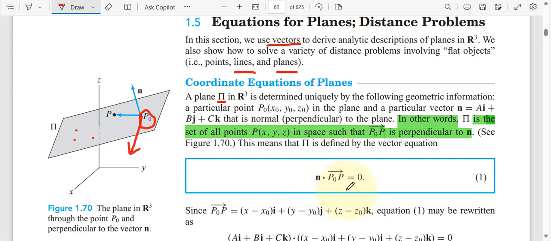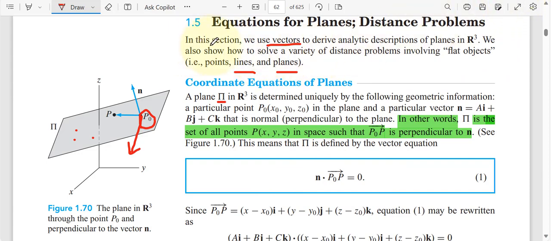So this is a specification of which points lie in the plane, and we can say this is the vector equation for the plane that we want. Remember, the dot product equals 0 means that the angle is 90 degrees between n and this vector.